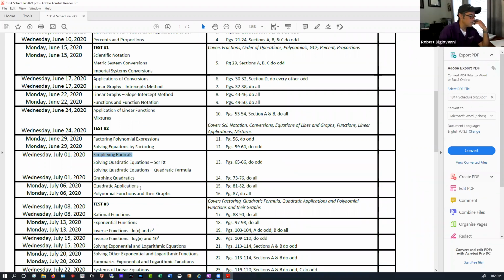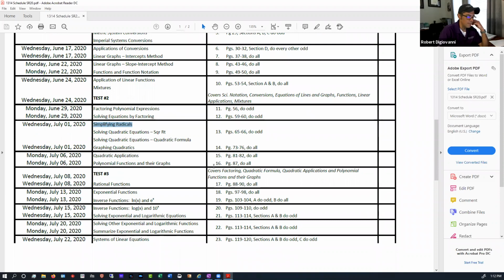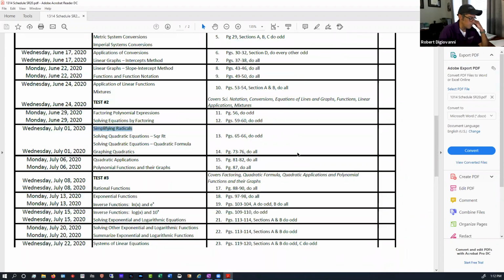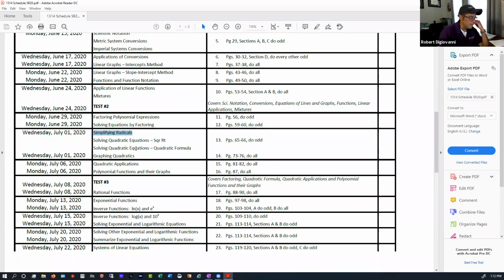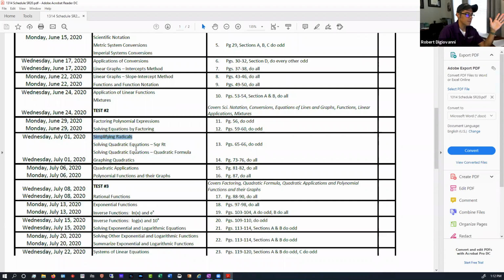Ultimately, wherever we wind up at the end of the semester is where we wind up. But I feel like there's a lot here for you all to go through, all the factoring stuff and then all those equations. So I'm okay with that. We should be able to knock out this next section next class, which would be on Monday.